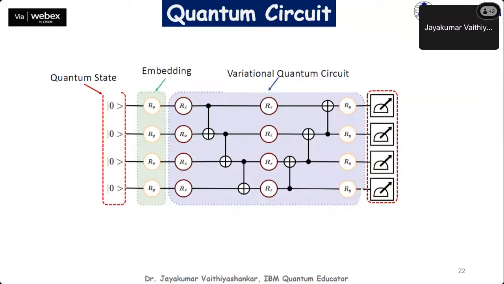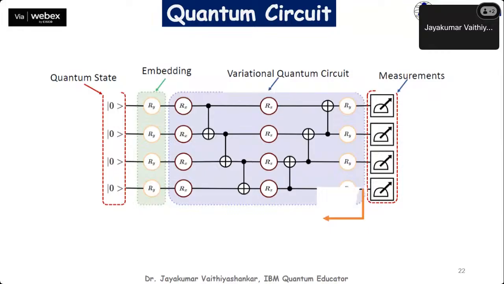But here, each and every time the values get changed, like a repetitive loop. If your circuit is doing repetitive variational values, then you can call that circuit a variational quantum circuit. Finally, you need to do measurement. So this is the basic architecture.